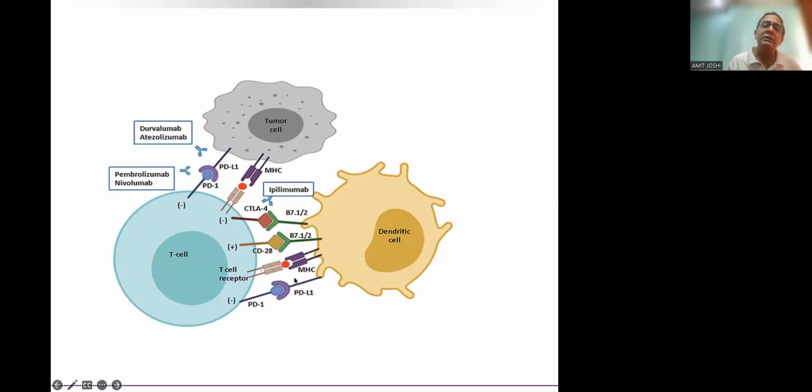In simple words, the body's normal defense tries to kill the tumor cells, but with the availability of various checkpoints in the tumor cell, the T cell function gets inhibited. When we give some inhibitor, the T cell will remain activated and kill the tumor cell. So this is one of the physiological mechanisms.